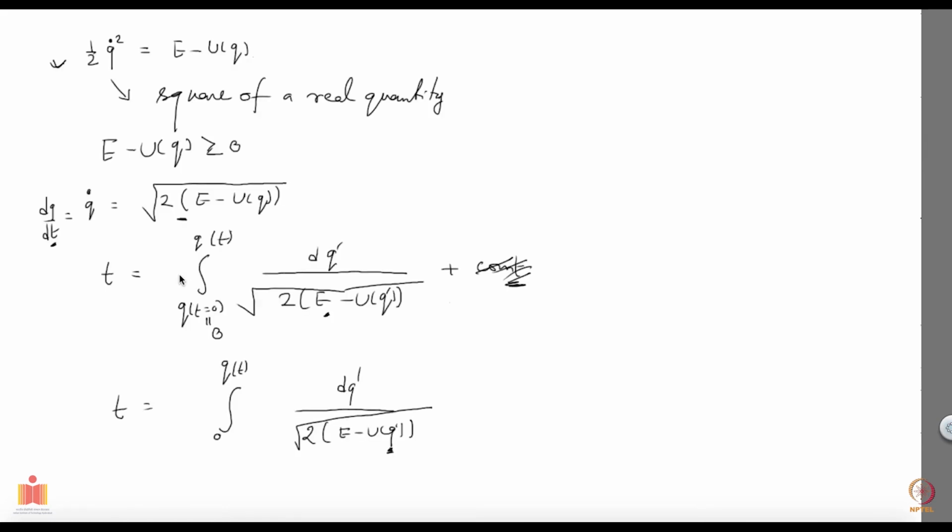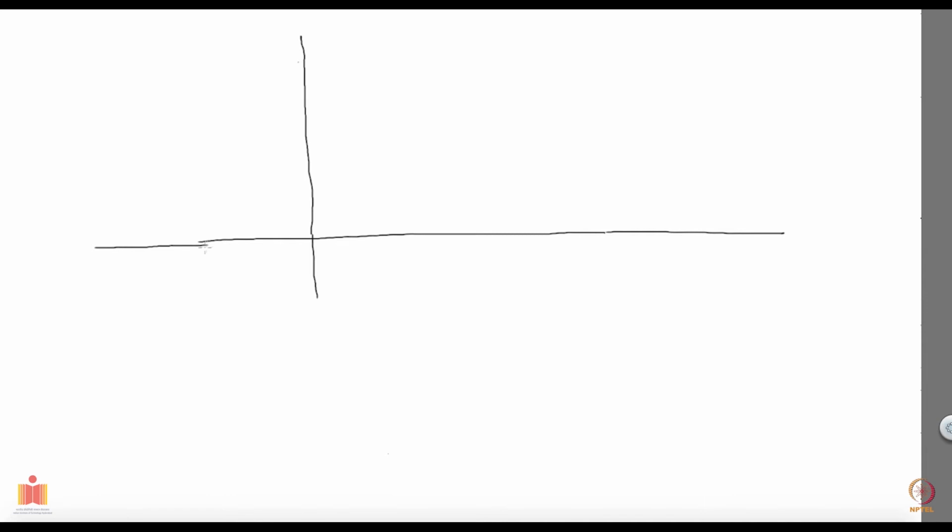So let me draw a potential energy graph. Along the horizontal axis we have q.